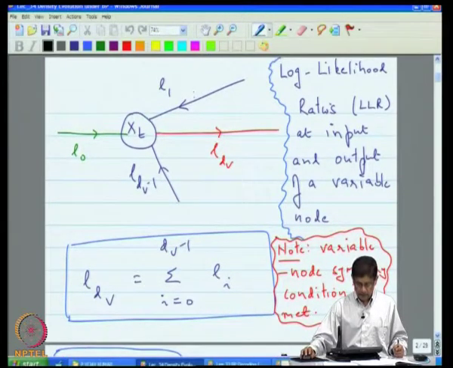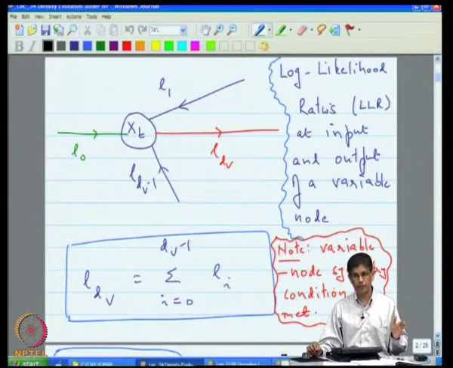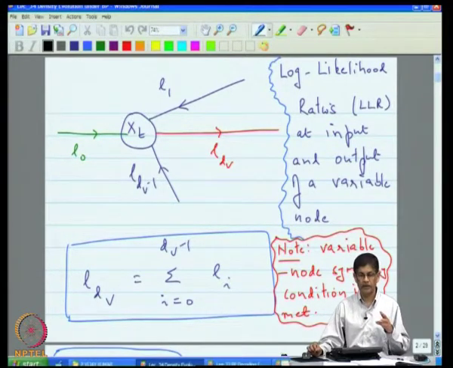Then we said that over the junction tree we passed messages which were beliefs, and these beliefs were functions involving the probability of a variable taking on the value 0 and the probability of the same variable taking on the value 1. These were the two components of a vector that we would pass from node to node.